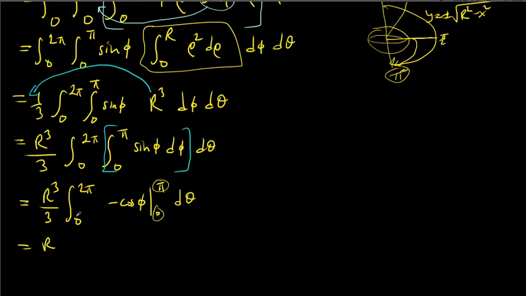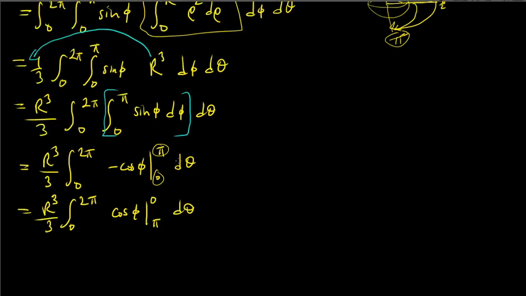Oops, this is r cubed, not r squared. Make this positive cosine phi, and then switch the pi and the 0. You don't have to, but just to show you what this is, this is going to be negative cosine of pi minus negative cosine of 0.